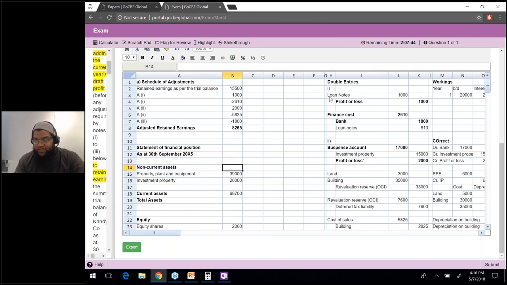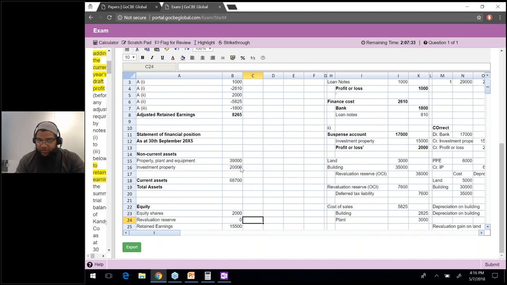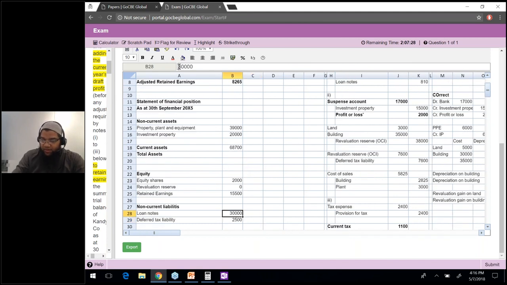Okay, now if we see, we have made some double entries starting from the loan notes. We have debited the loan notes and we have credited the loan notes by 1,008.10. So if I go towards the loan notes, the amount of loan notes was 30,000. I'm writing equals to plus 810 minus 1,000.